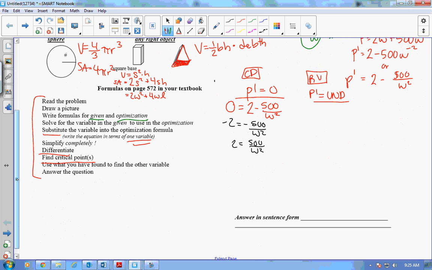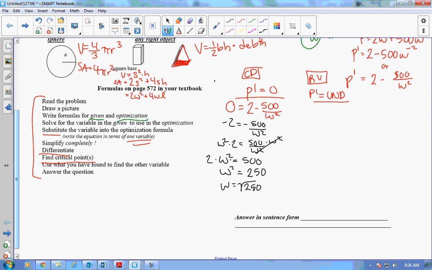I want to get the W out of the denominator, so I'm going to times both sides by W squared. Times by 2 over there, 500. Divide by 2, we get what number? So 250, W equals square root 250. Leave it. Don't type it in.